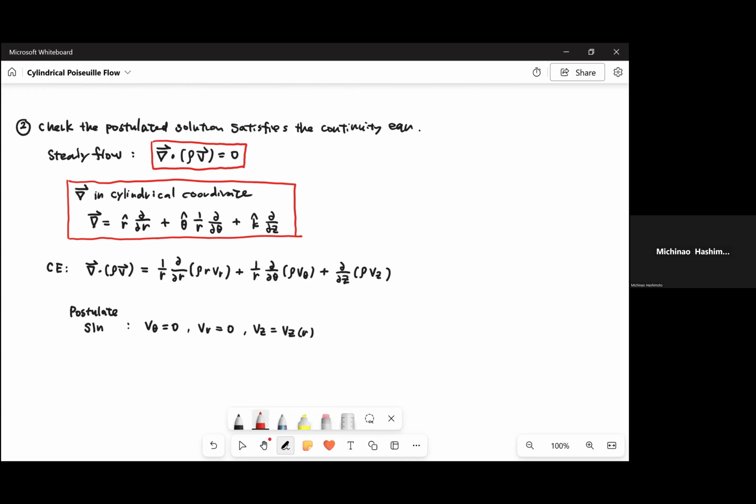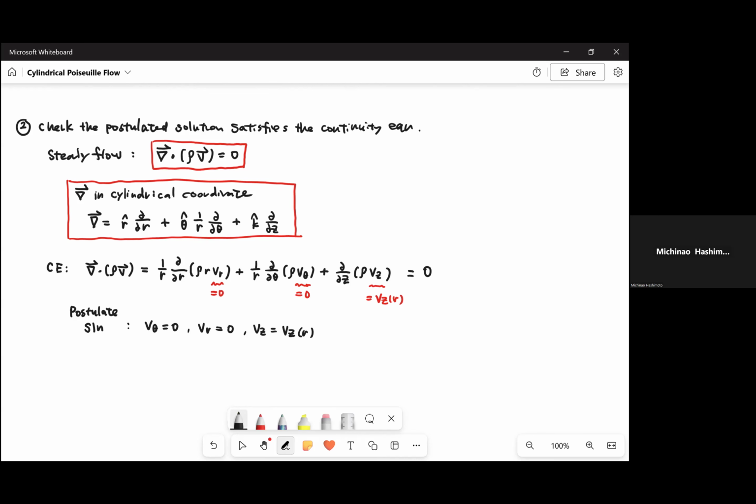I'm going to skip a little bit here, but this term is equal to 0, and this is equal to 0, and this vz equals vz of r, so when you take the derivative with respect to z, it is 0. So essentially, this is going to be 0.